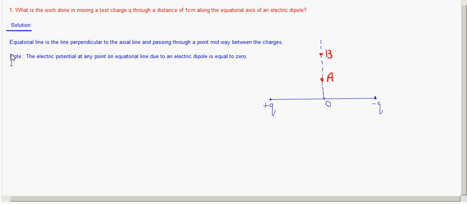You can apply the formula also. Just now we learned the formula for potential at any point due to a dipole.